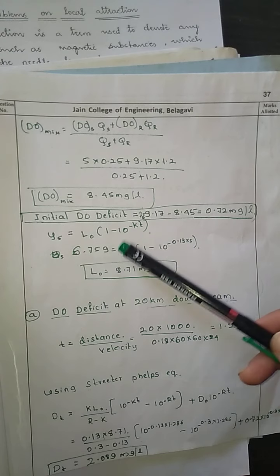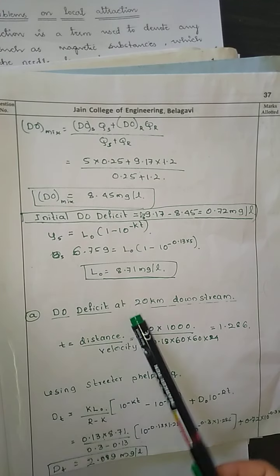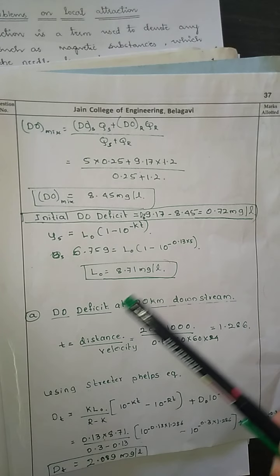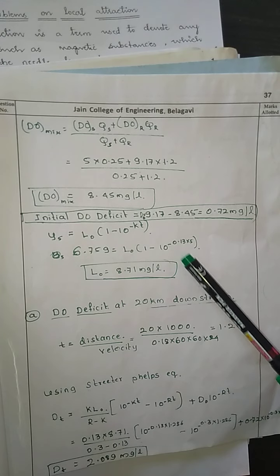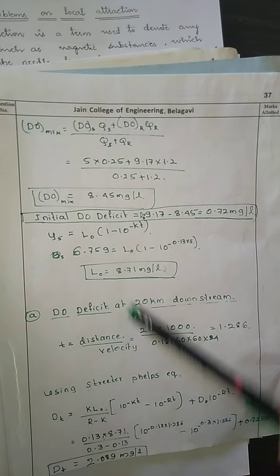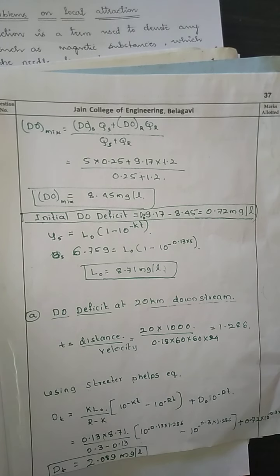So T, the time, is the number of days, which we take as 5. So L naught is 8.71. Okay, so we have found D naught and L naught. Remember, each time after finding the DO of the mix and the BOD of the mix, your duty is to find D naught and L naught.